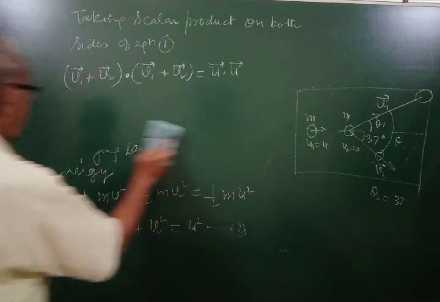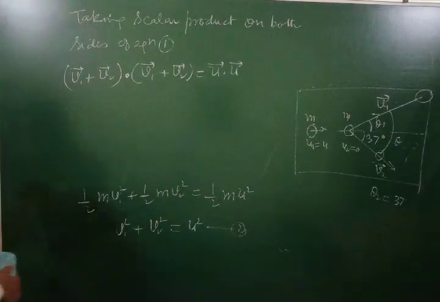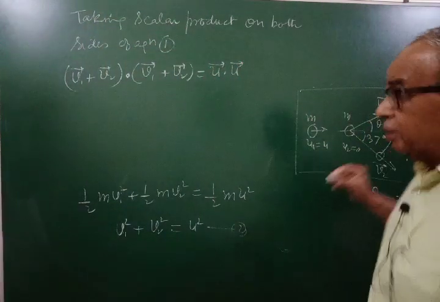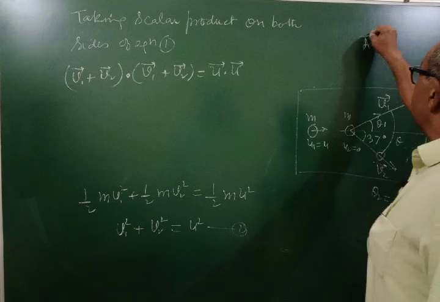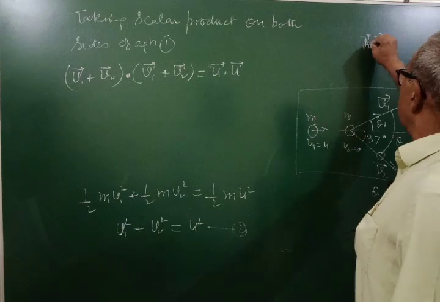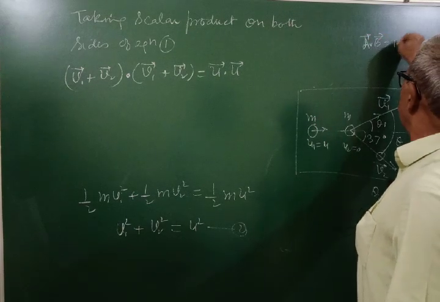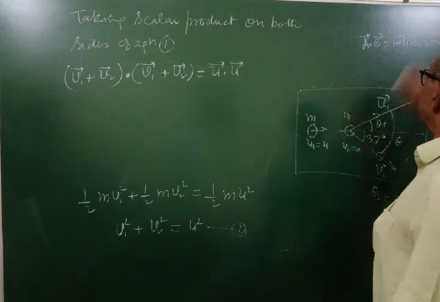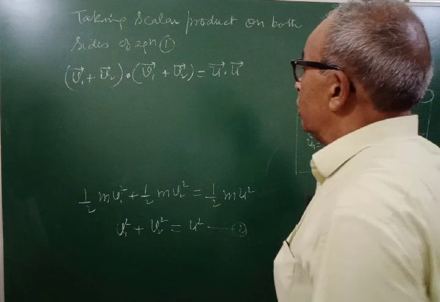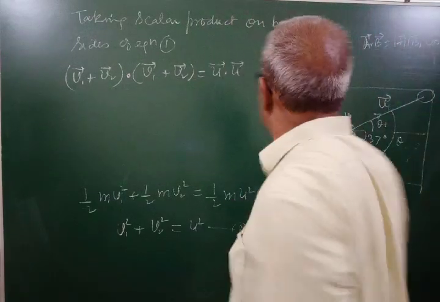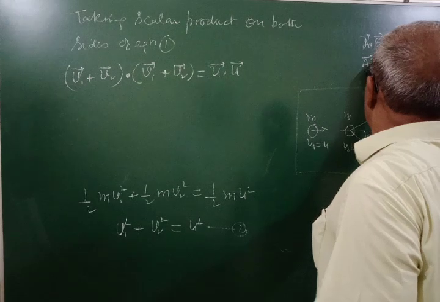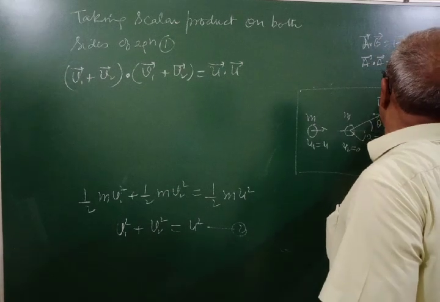So what will you get here? A dot A is A square. Do you remember the dot product? A dot B mathematically equals modulus A modulus B cos theta. So V1 dot V1 is V1 square, and hence A dot A equals modulus A square.